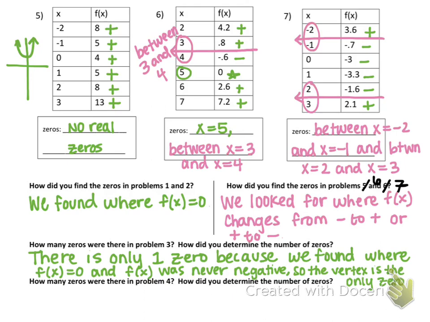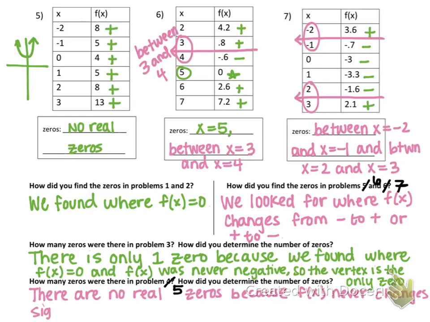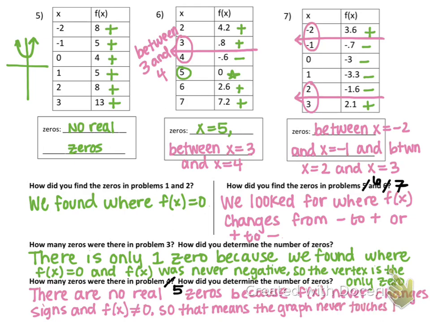And finally, how many zeros were there in problem 4, which we should change to number 5? How did you determine those number of zeros? There are no real zeros in number 5 because f of x never changed from positive to negative, so it never changed signs. And there's no spot where f of x equals 0. So that means that the graph never touches the x-axis.